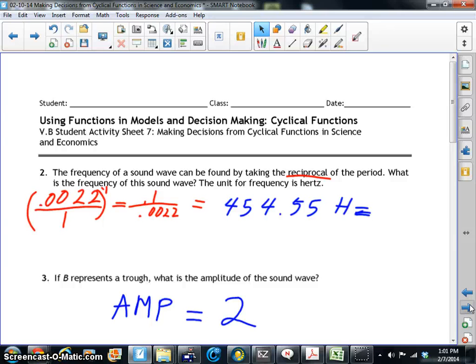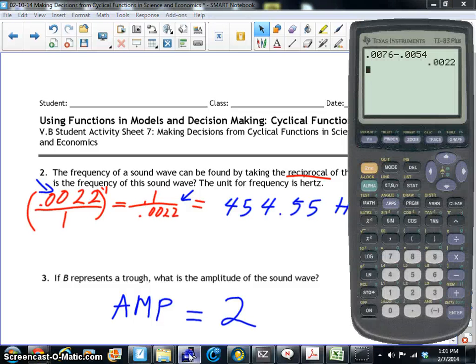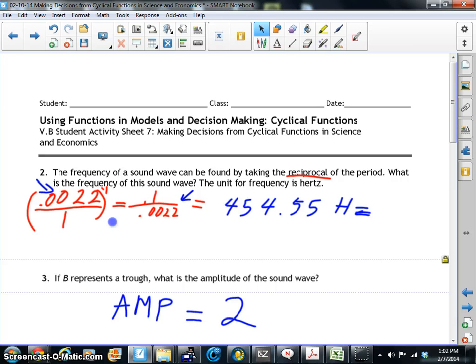All we need to do is take 0.0022 and flip it over. That would give us 1 over 0.0022.